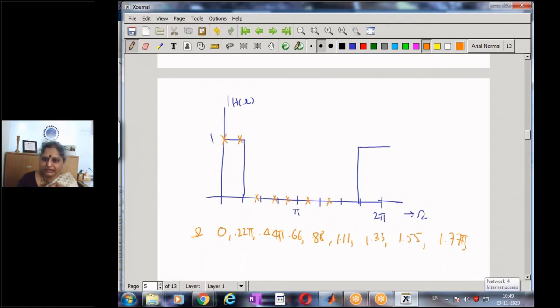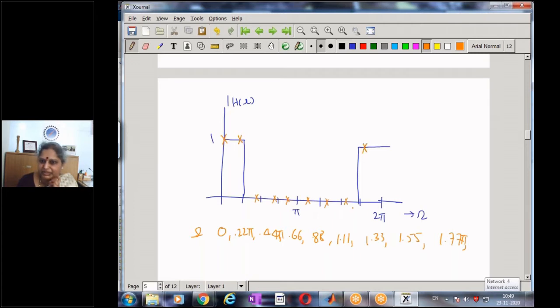Next I have a 1.55 pi, and then I have a 1.77 pi. Sorry, yes, this is my 1.55 pi, 1.33 pi, and 1.77 pi.